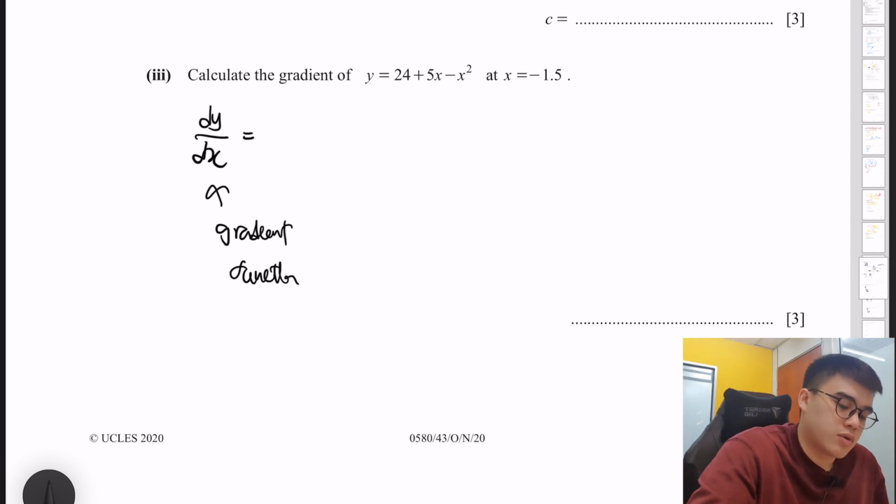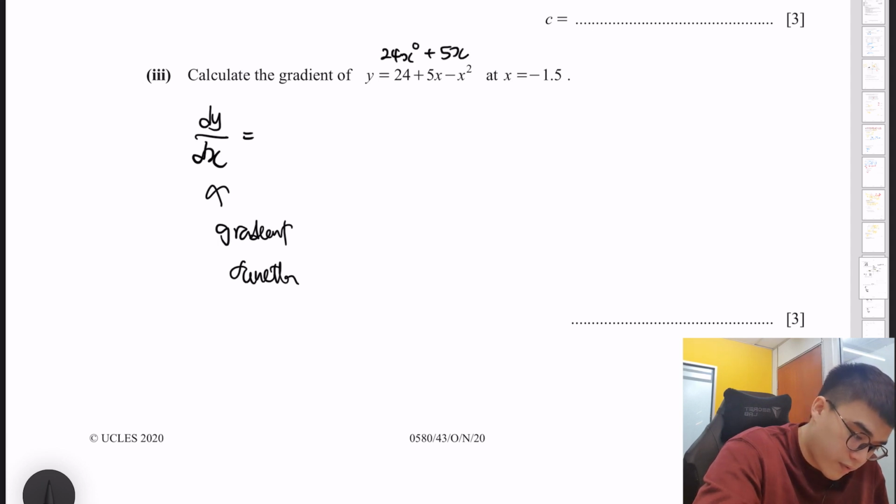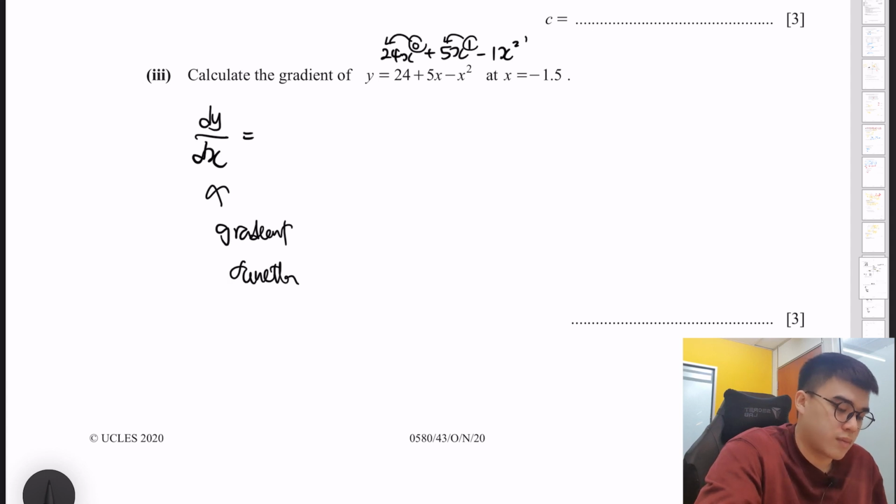Okay, so after you differentiate, you can write this as 24 plus 5 times 1 minus 1 times x squared. Bring out the power, and then minus the power by 1.